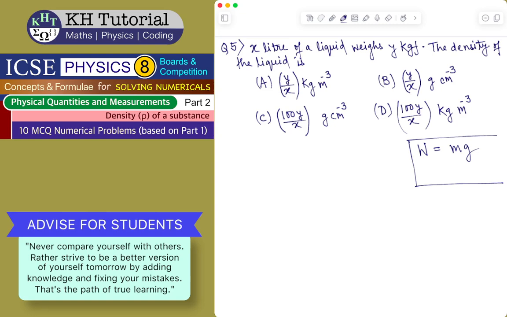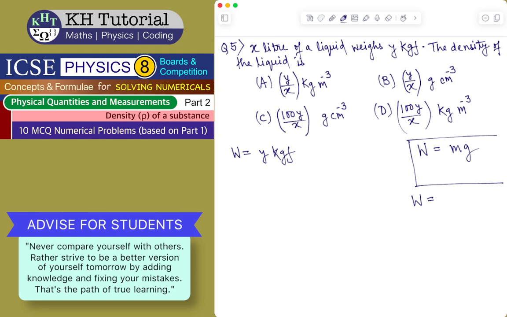It is given that the weight of the body is given in a gravitational unit. That is, it is given that weight is equal to y kgf.